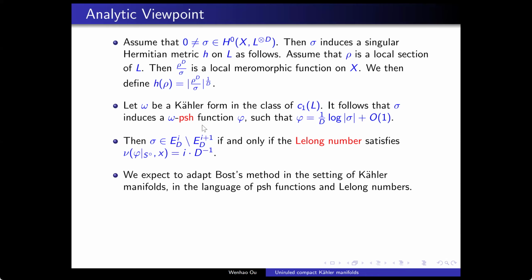So here we see that with this notion of PSH function, we can consider all i and d together, because when we consider this Lelong number, this ratio i over d appears naturally. So with this new interpretation, we no longer need vanishing order. So we expect to adapt Bost's method in the setting of a Kähler manifold with this new language.